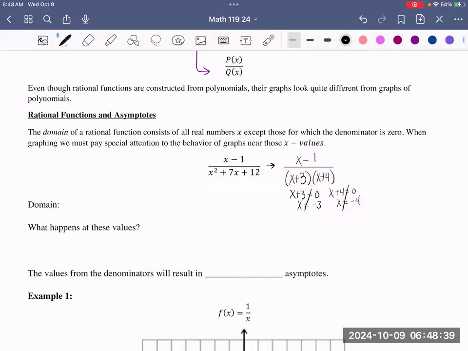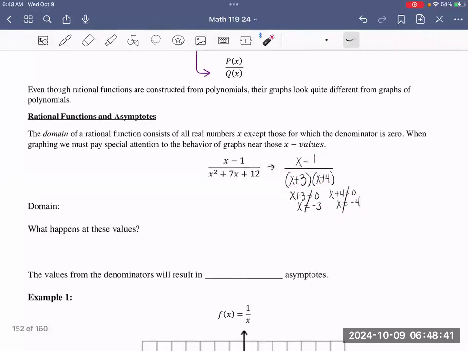So we have to pay special attention to your end behavior at these particular values because, again, these are your asymptotes. So if we put this onto a really quick number line, -4 and -3, you can plug in any number for x except for -4 and -3.